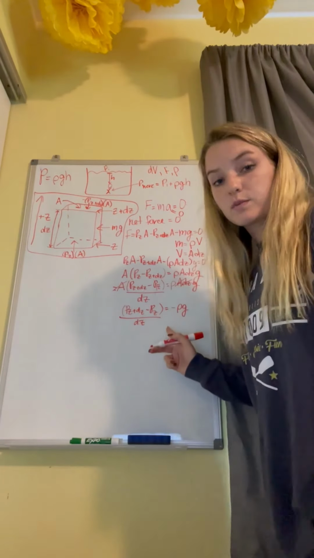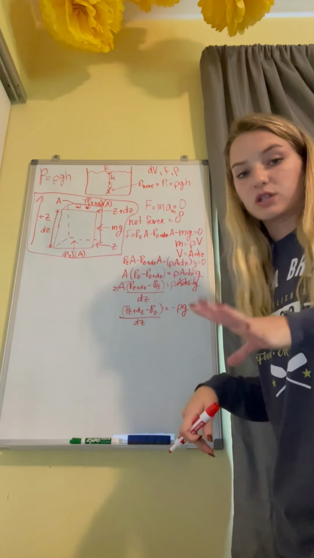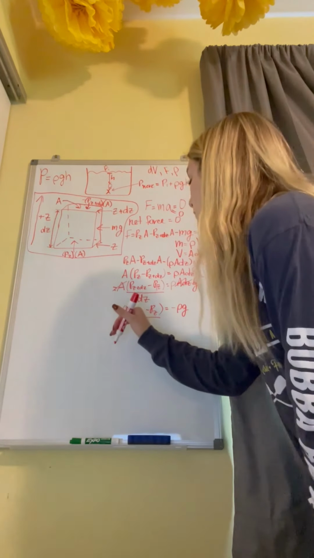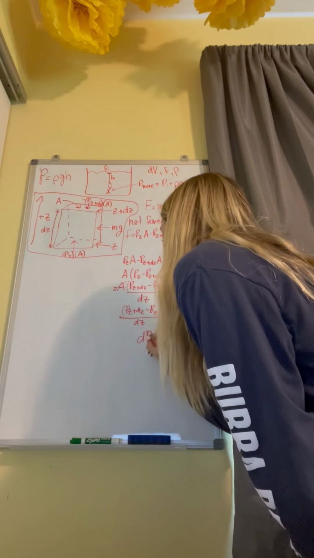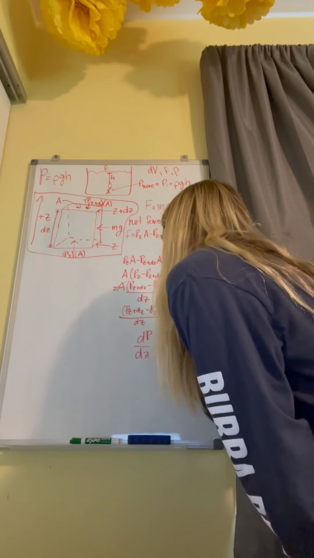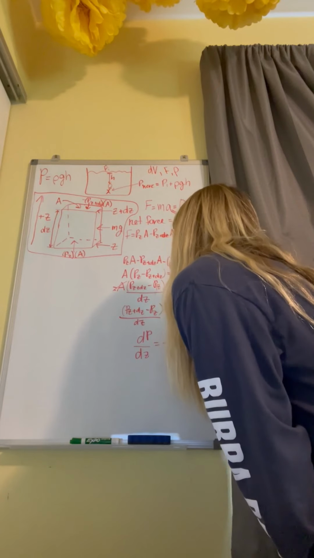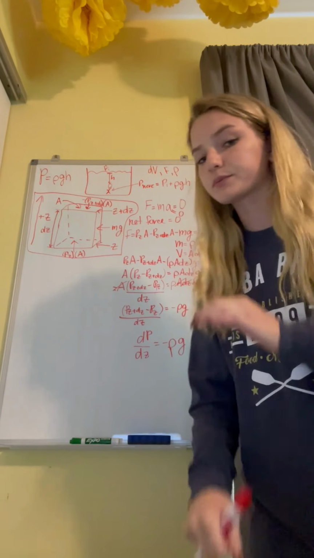So now one more small thing we can do to this equation to make it a little nicer is, if we can see we have the difference between P's up here, so we can have dP divided by dz is all equal to negative rho g.